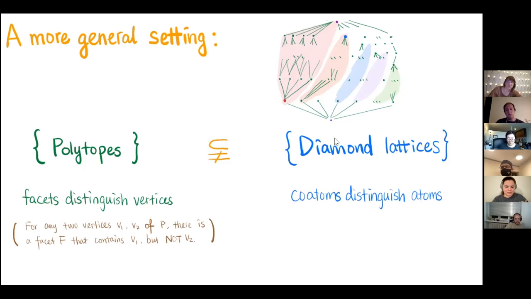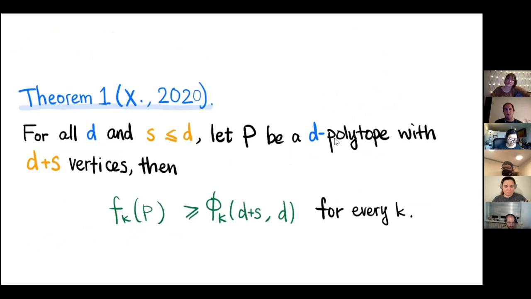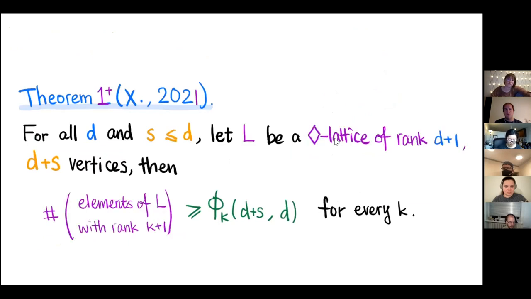Because of that, you can take diamond lattices and use this co-atom distinguishability proposition and push it into the proof of the key proposition and the proof of the main theorem. It will pass the machine just fine. So we're able to generalize this theorem to diamond lattices by proving the basic necessary properties and then rewriting the details of the proofs in poset language.